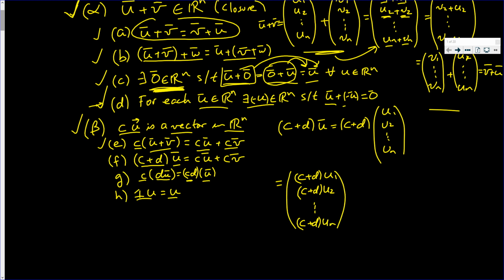Now I'll think about it as two numbers. C plus D is two numbers. So I distribute. I get CU1 plus DU1. I get CU2 plus DU2.